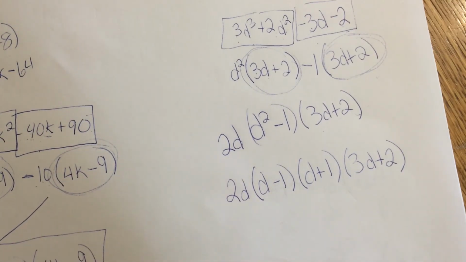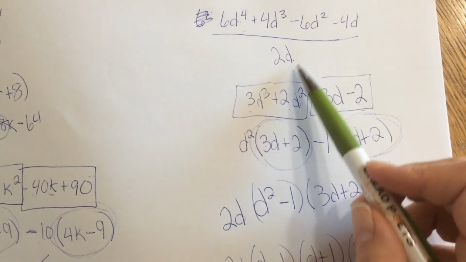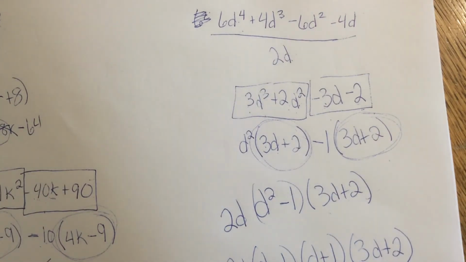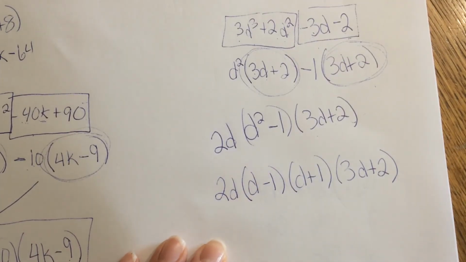Checking to make sure that you factor completely: most of the time if you already factored out something first, it's not going to factor again at the bottom, but sometimes it will. So make sure that you always check for that.